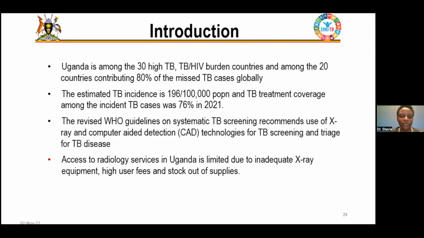The WHO revised guidelines on systematic TB screening recommended use of X-ray and computer-aided detection (CAD) for TB screening and triage at health facilities and in communities. However, in Uganda, access to these technologies remains limited.